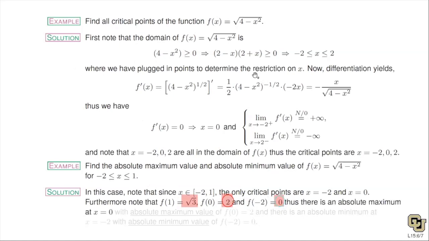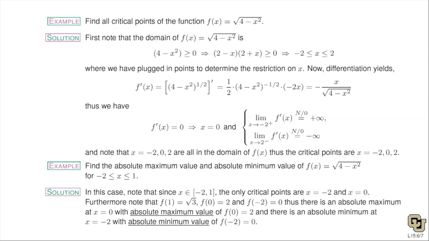So here are the conclusions. We have an absolute maximum at x equal to 0, and the absolute maximum value is 2. And there's an absolute minimum at x equal to -2, and the absolute minimum value is 0, f of -2 equal to 0.